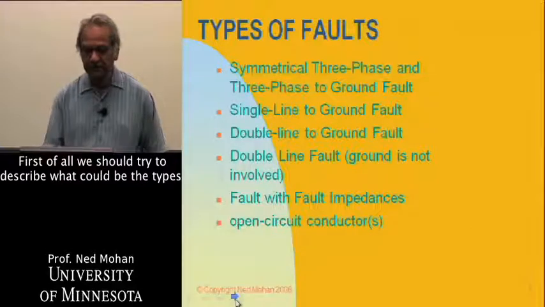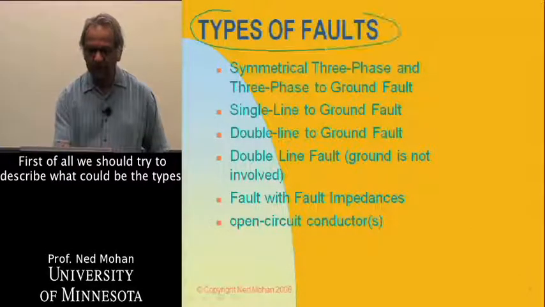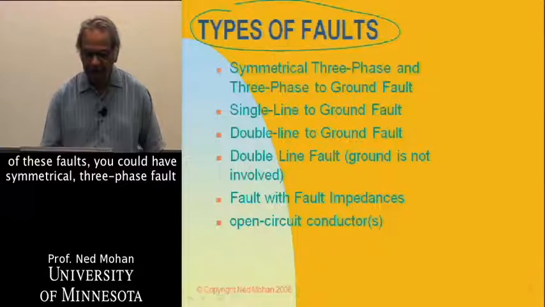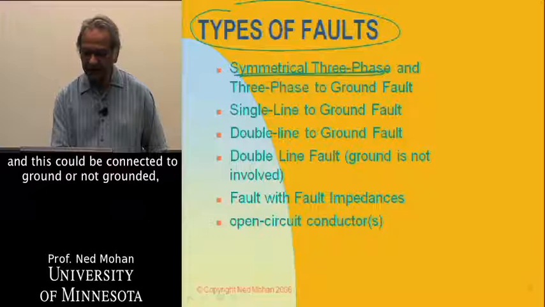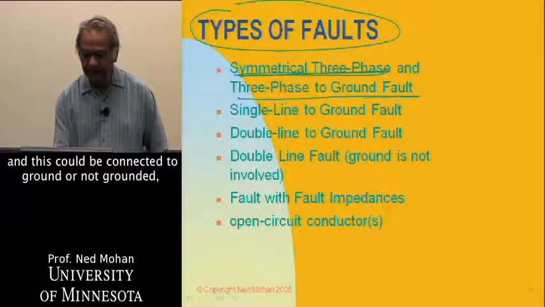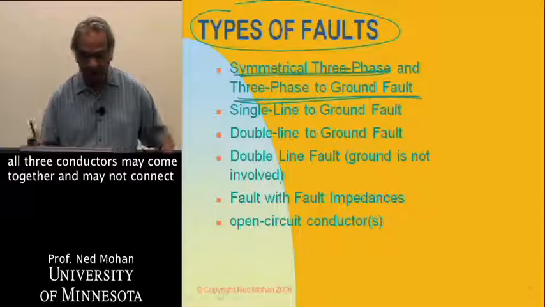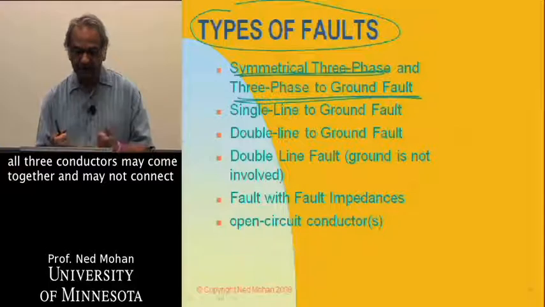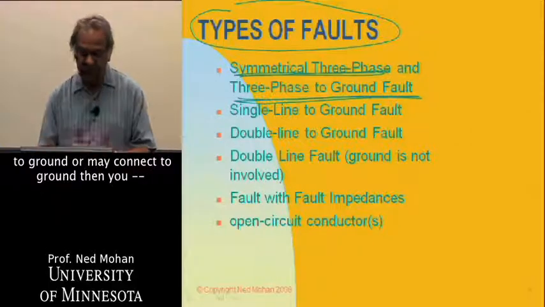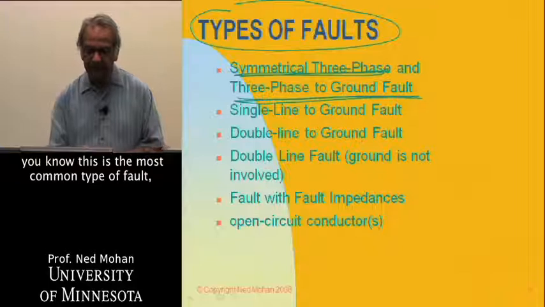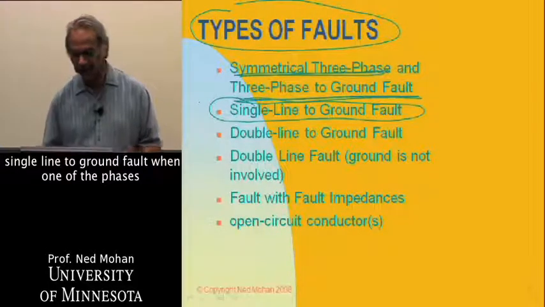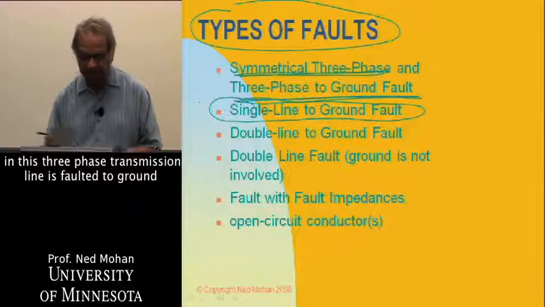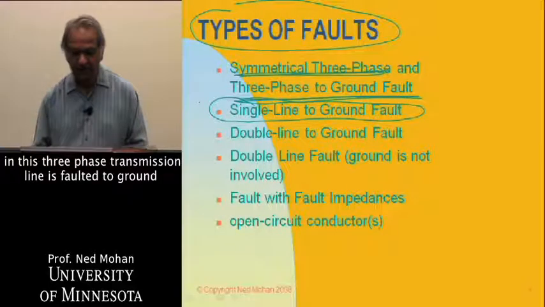First of all, we should try to describe what could be the types of these faults. You could have a symmetrical three-phase fault, and this could be connected to ground or not grounded. All three conductors may come together and may or may not connect to ground. Then the most common type of fault, single line to ground fault, is when one of the phases in this three-phase transmission line is faulted to ground.